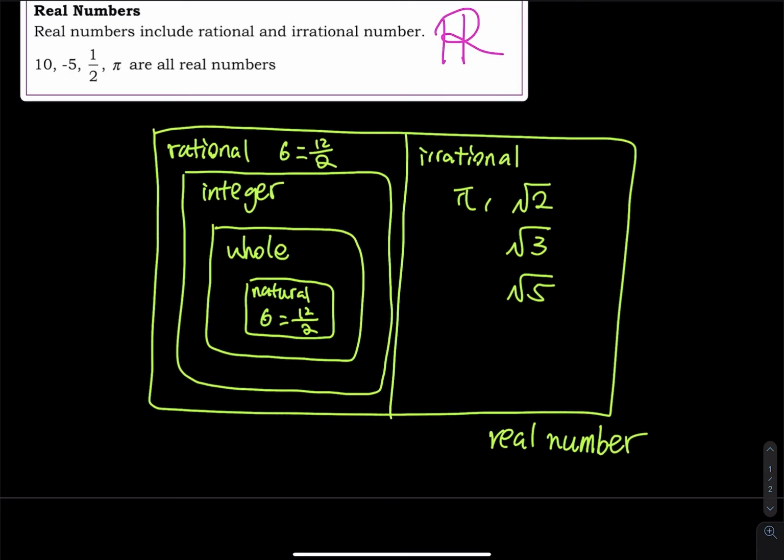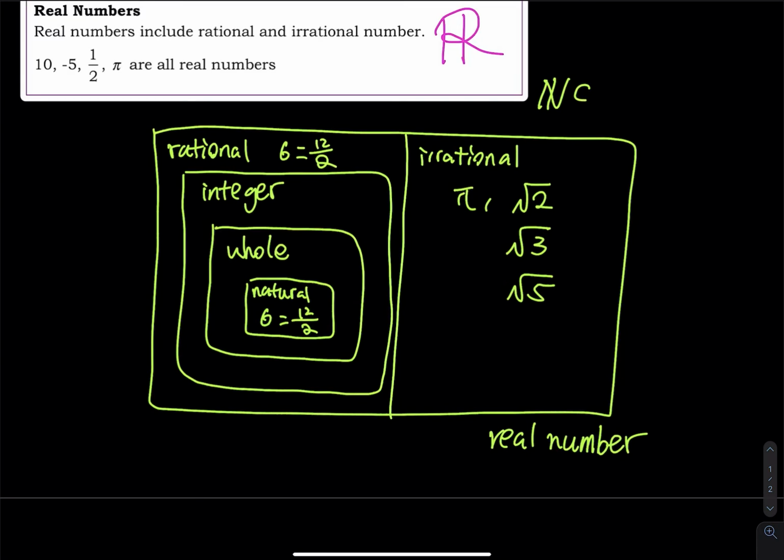And there is one more thing to explain. There is one more line to sum up the relationship of real number, integer, and rational number. We start with natural number. Natural number is an element of integer.